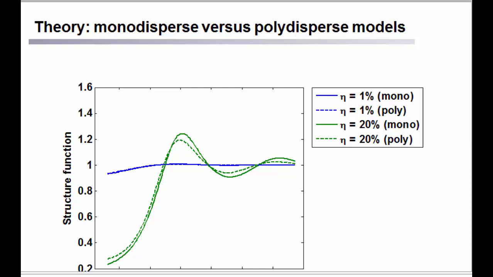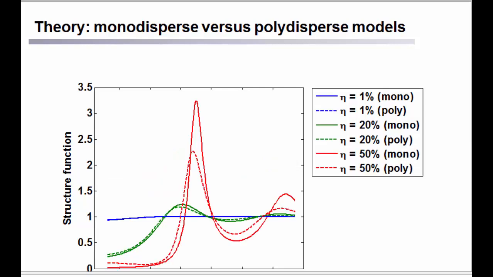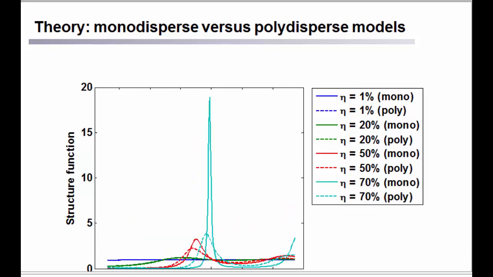When you see a 20% volume fraction, the structure function is significantly different from unity. And as we increase this volume fraction, we see a bigger peak, and also we see a difference between monodisperse versus polydisperse, and the 70%.